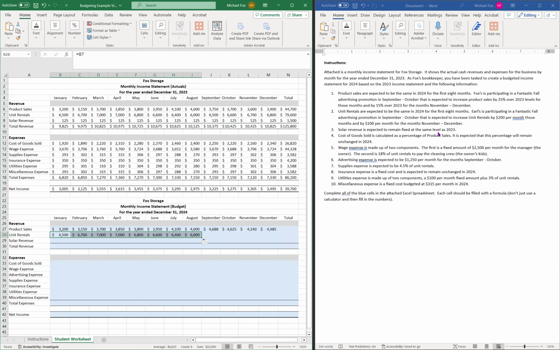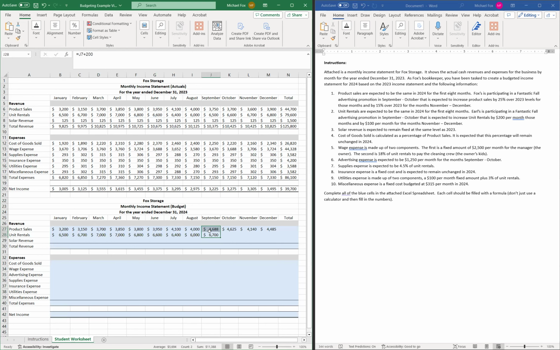But then it says our Fantastic Fall promotion, we expect that in September and October, we're going to have $200 more than what we had in 2023. So we'll just say this equals the 2023 amount for September plus 200.